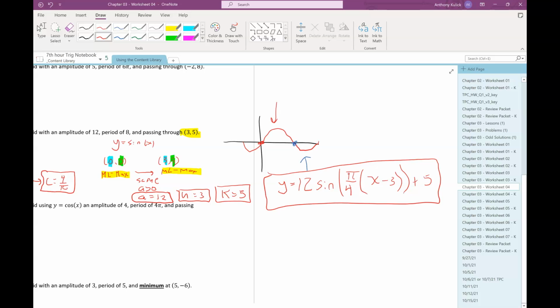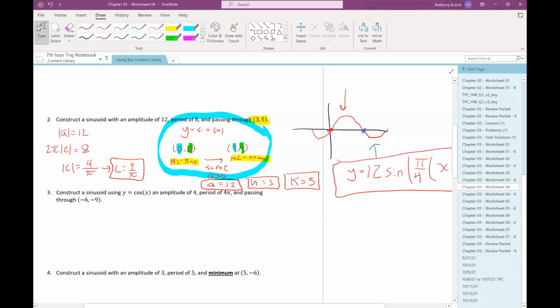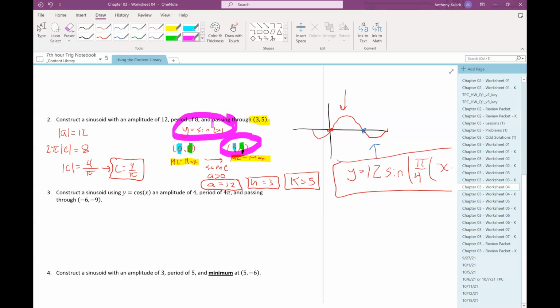So really the only weird part was this piece, right? The other pieces were just like solving little dinky equations. But really what it's coming down to is if I picked sine, immediately I have my H and K right there, right? 3 and 5 are my H and K, have to be.